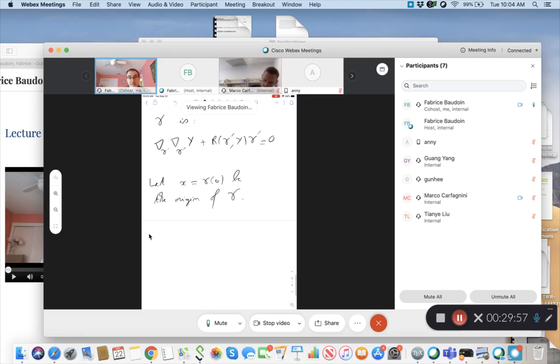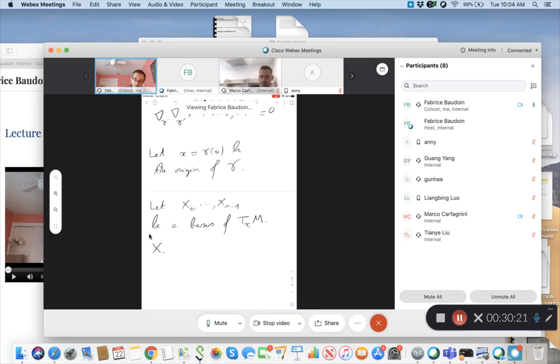For convenience of the computations, and we can always do that, I'm going to choose the first vector in the basis, x_0, to be equal to gamma prime. That is, the first vector in my basis is going to be given by the velocity of gamma at x.